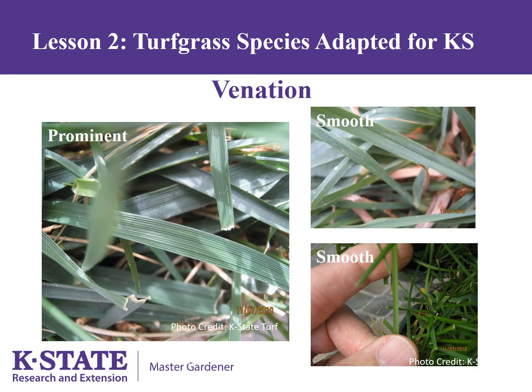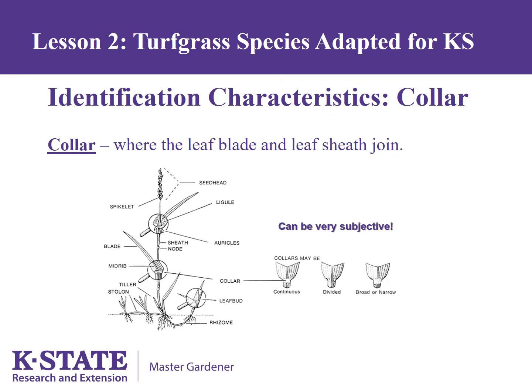You can see here, these are prominent leaf veins in this Kentucky 31, whereas over here in this annual bluegrass you see that there are no visible veins present. It's important whenever you're trying to identify a turfgrass species, if you pick up annual bluegrass compared to a tall fescue species, it can just help. It's one more checkbox on one or the other to help identify it.